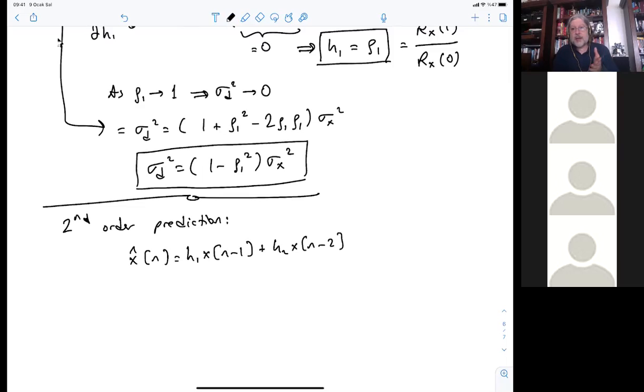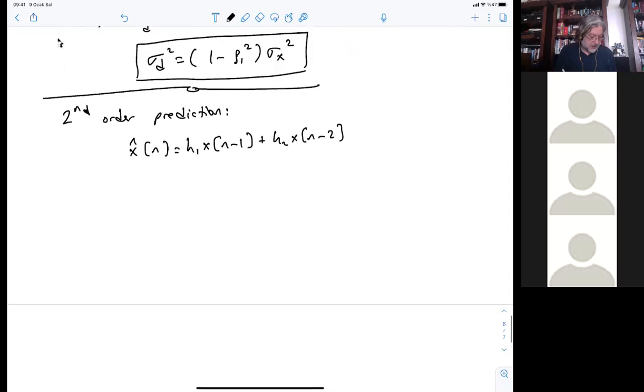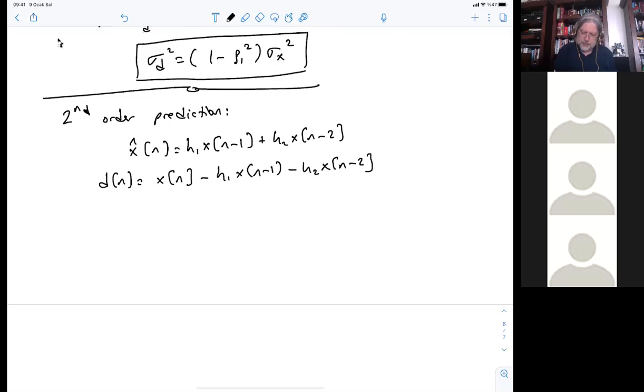So we are using the first past and the second past sample, and we have now two filter coefficients. And d of n is the difference between x of n and this prediction, which is x of n minus h1 x of n minus 1 minus h2 x of n minus 2.